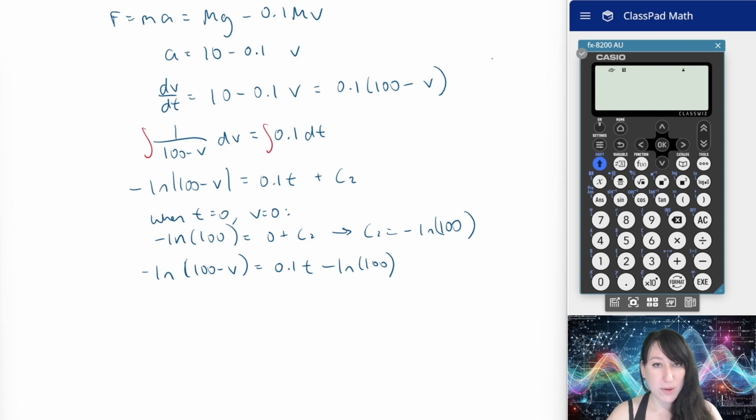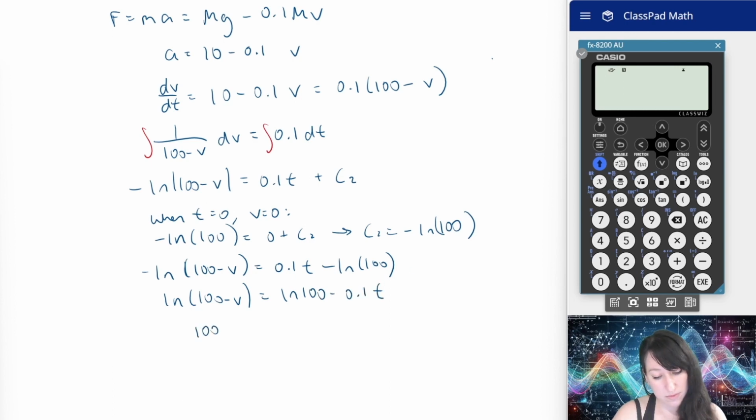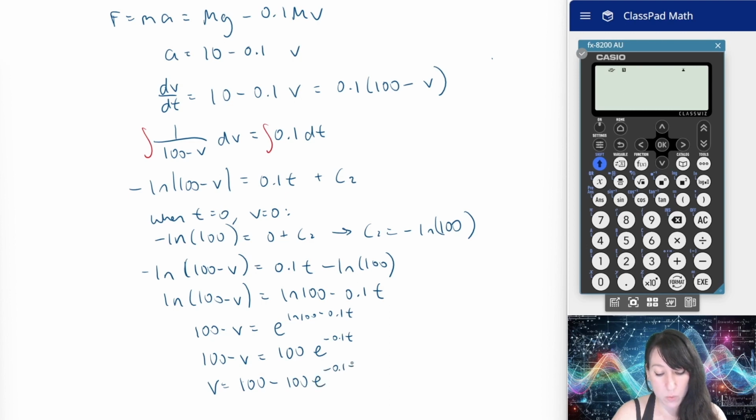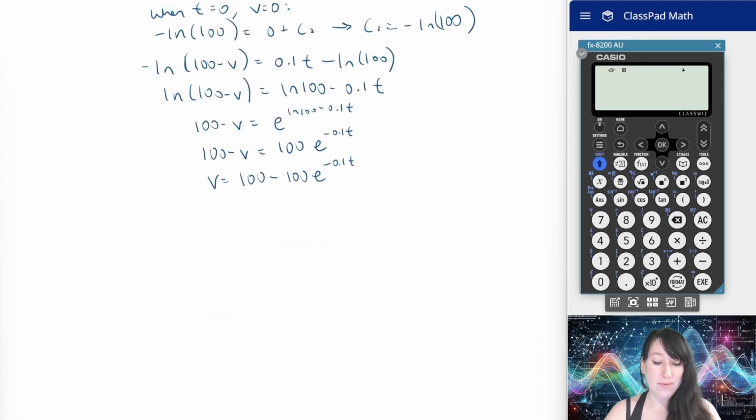Let's solve for v so we can then get back to x. Let's take both sides to the exponent on e. That'll simplify. So v equals 100 minus 100e to the negative 0.1t. Now, this is in terms only of t now, so we can just integrate to get x.